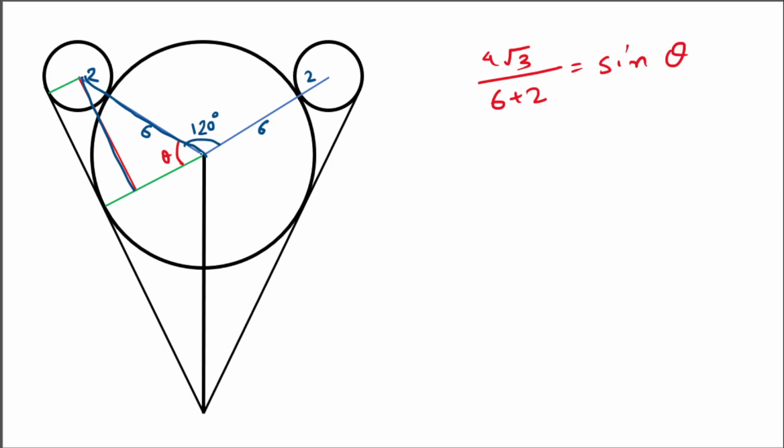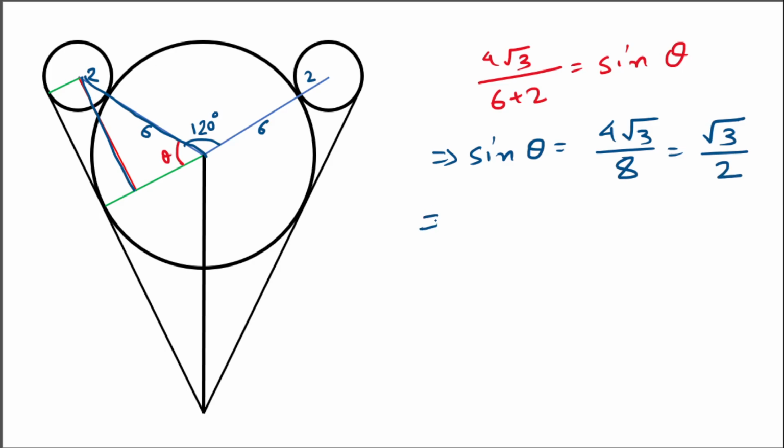So sine theta is simply 4 root 3 by 8, that is root 3 by 2. From this we can write that theta is simply 60 degree. So we have the measure of theta.